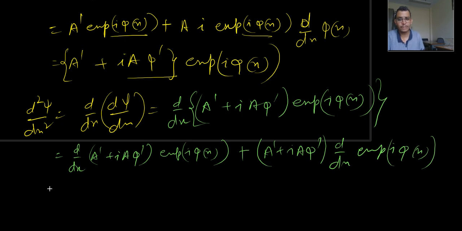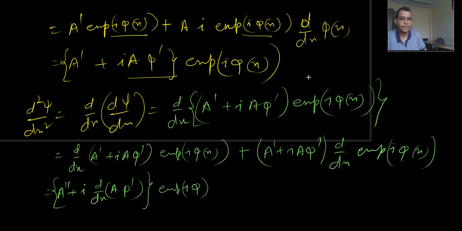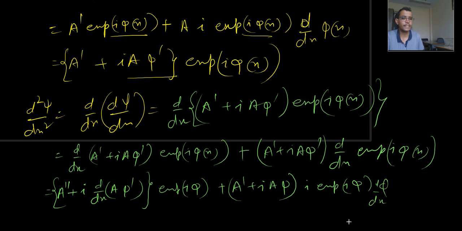So it is a prime, derivative of first as it is, so a double prime plus iota d/dx of a phi prime and exponential of iota phi, plus it is a prime plus iota a phi prime, and its derivative is iota exponential of iota phi and derivative of phi, right?